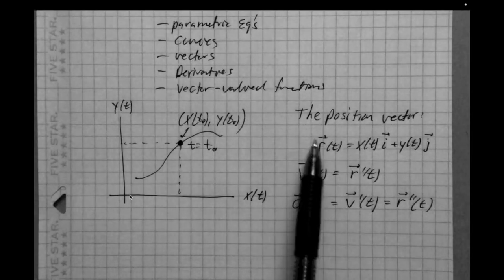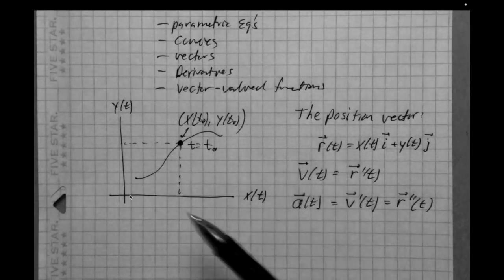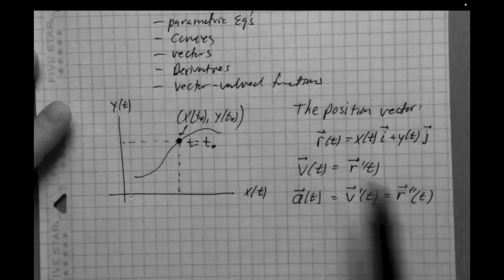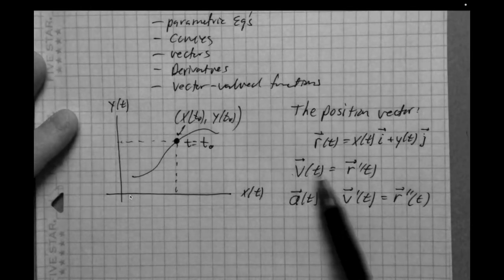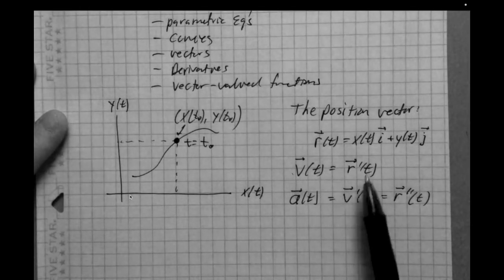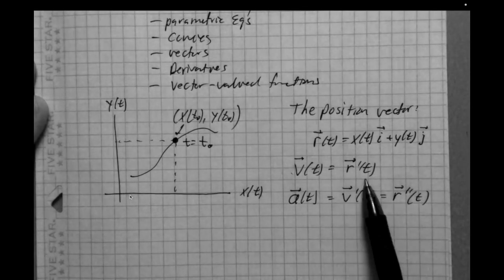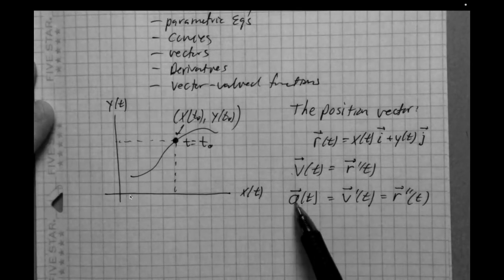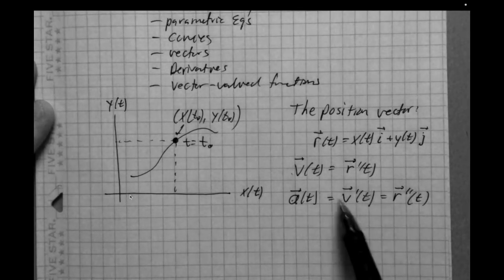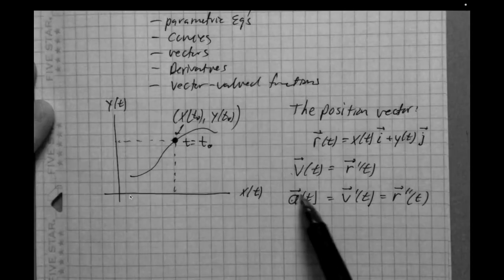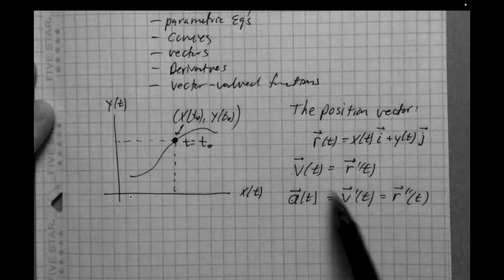The derivative of a function of x is the change in the function with respect to x. In this case, the velocity conceptually is the change in position with respect to time. And acceleration is the change in the velocity with respect to time. That's why you see a(t) being the derivative of the velocity function.